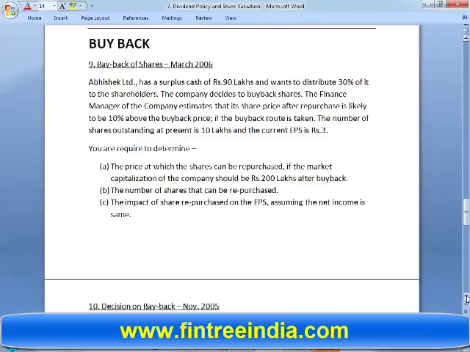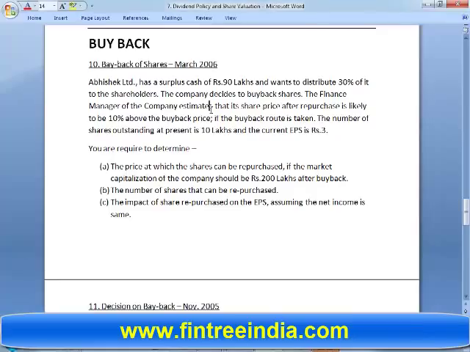Question number 9. Abhishek Limited has a surplus cash of rupees 90 lakhs and wants to distribute 30% of it to the shareholders. It should be question 10. Abhishek Limited has a surplus cash of 90 lakhs and wants to distribute 30% of it to the shareholders.